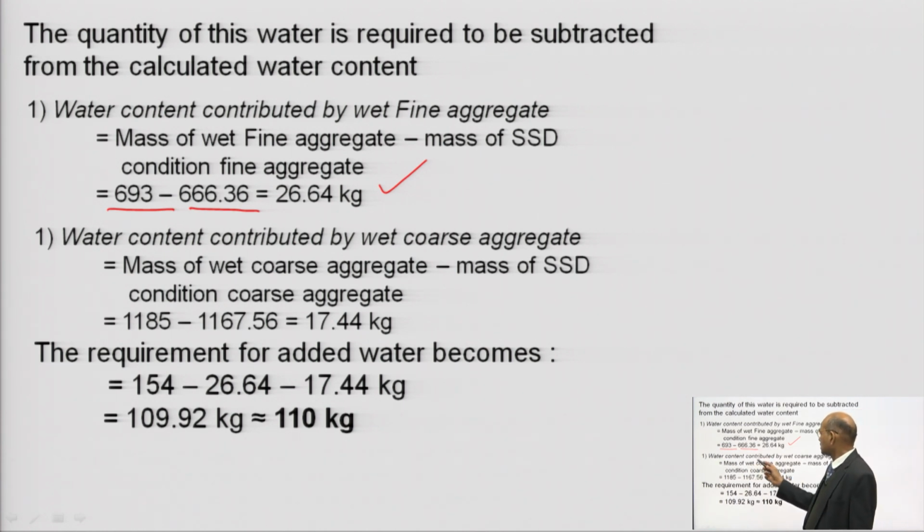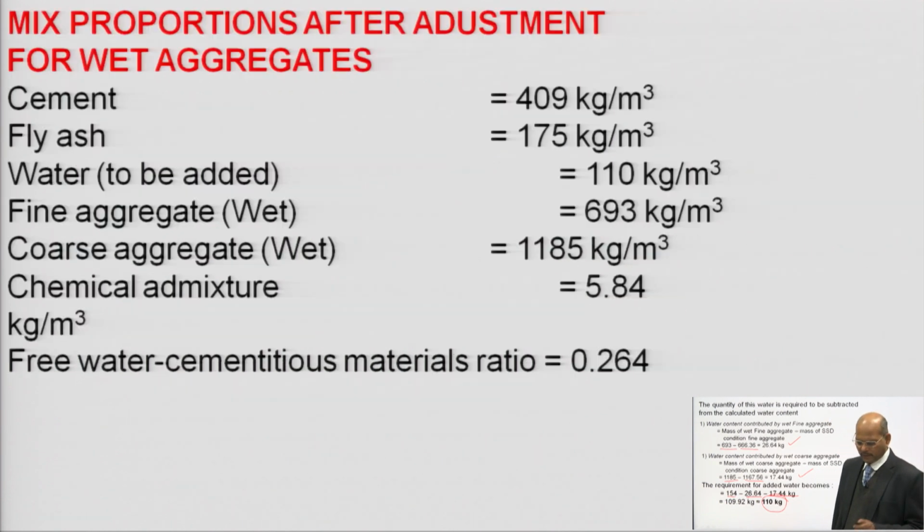Similarly, water content contribution by wet coarse aggregate is 17.4 kg. So, requirement for added water becomes: 154 is water content, this is the excess water in fine aggregate, and this is the excess water in coarse aggregate. So, final water content requirement is 110 kg.